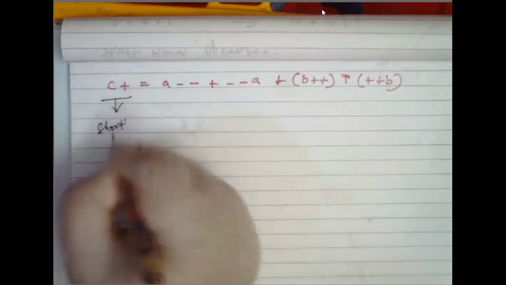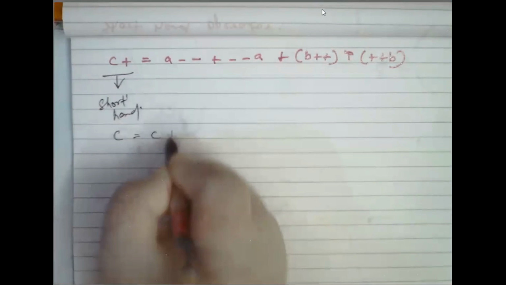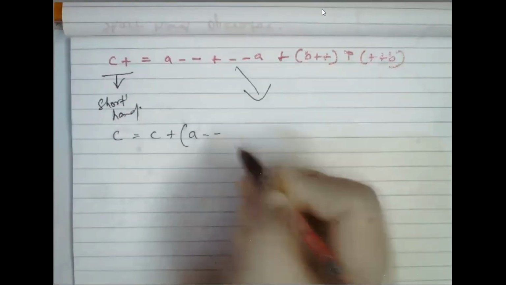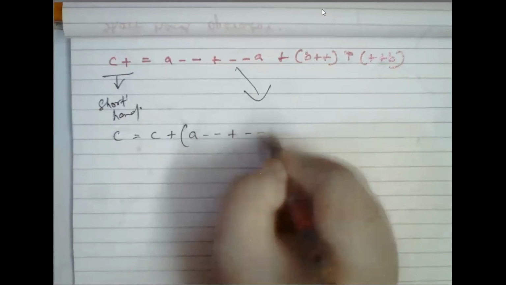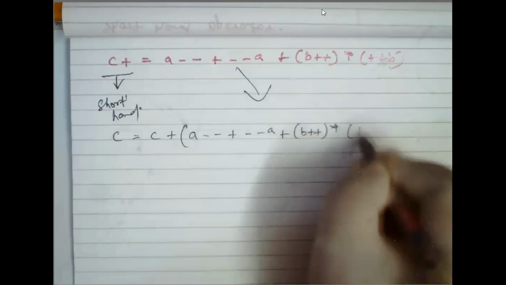In the case of a shorthand operator, C will become C plus, and this entire expression will come within the bracket: A-- + --A + B++ * ++B.